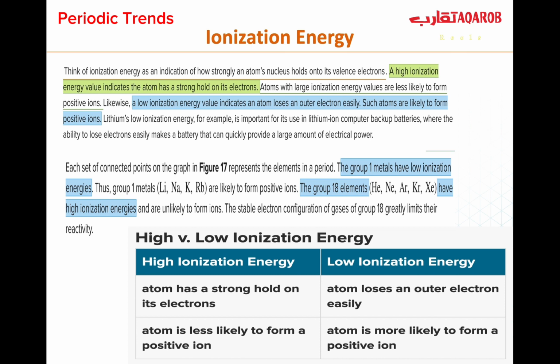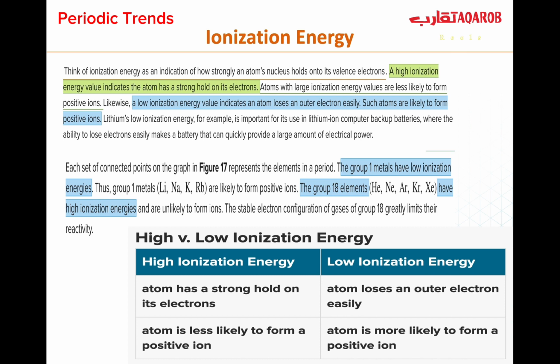Likewise, a low ionization energy value indicates an atom loses its outer electrons easily, so such atoms are likely to form positive ions. Lithium, for example, has low ionization energy, which is important for its use in lithium-ion computer batteries, where the ability to lose electrons easily makes a battery that can quickly provide a large amount of electrical power.